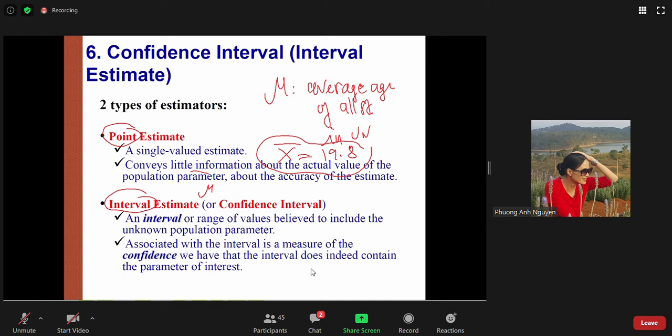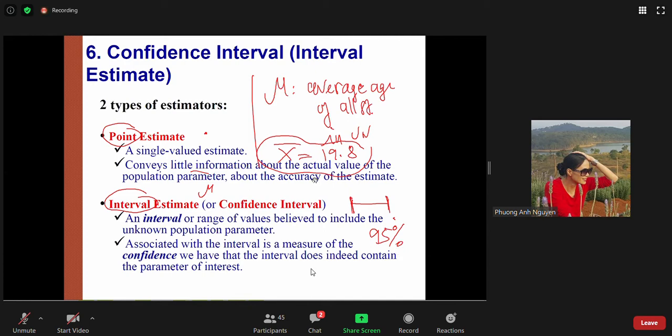That's why we prefer to work with the interval estimate, or the confidence interval. For the point estimate, you get a single value. For the confidence interval, I get an interval, giving the range of values that we believe to include the true value of mu. For example, I get an interval like this, and I say I am 95% confident that my interval contains the true value of mu.